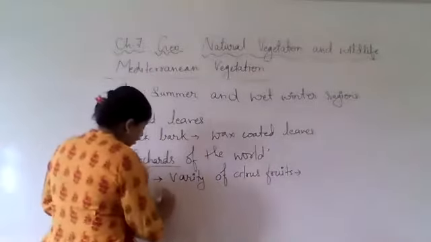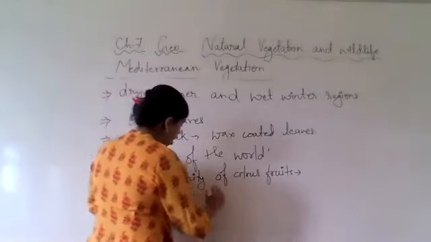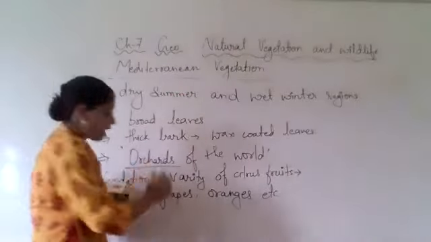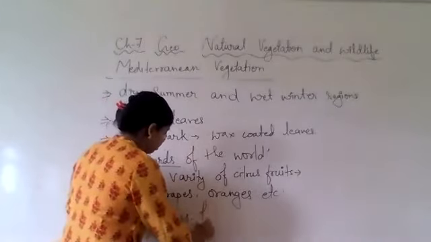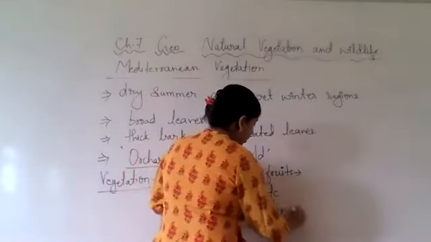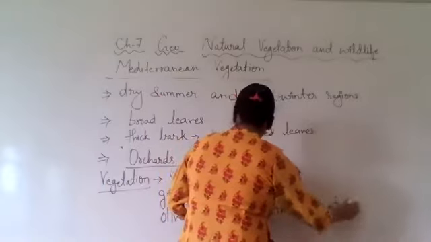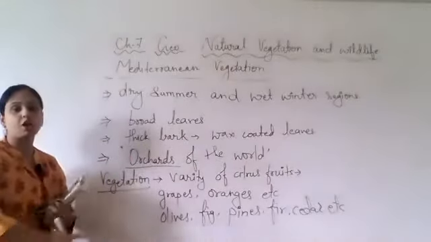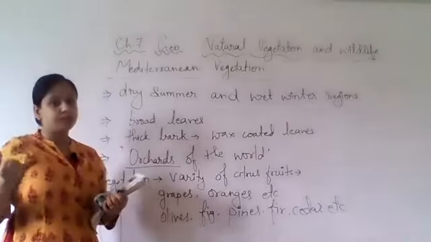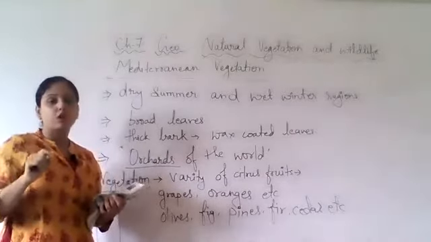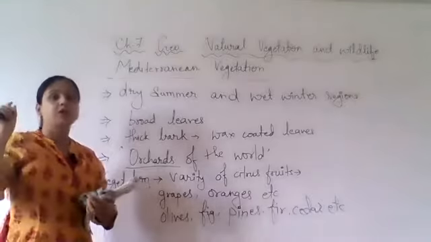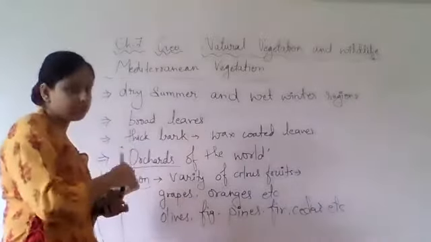So in citrus fruits, you will find grapes, oranges, etc. As well as you will find olives, figs, pines, fir, cedar, etc. So these are the vegetation of Mediterranean forests.